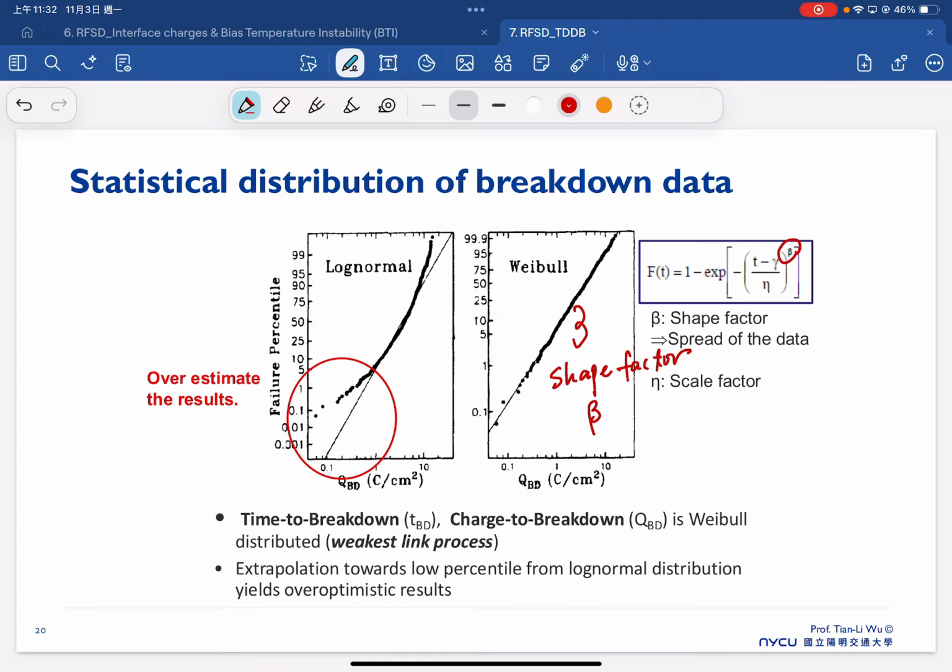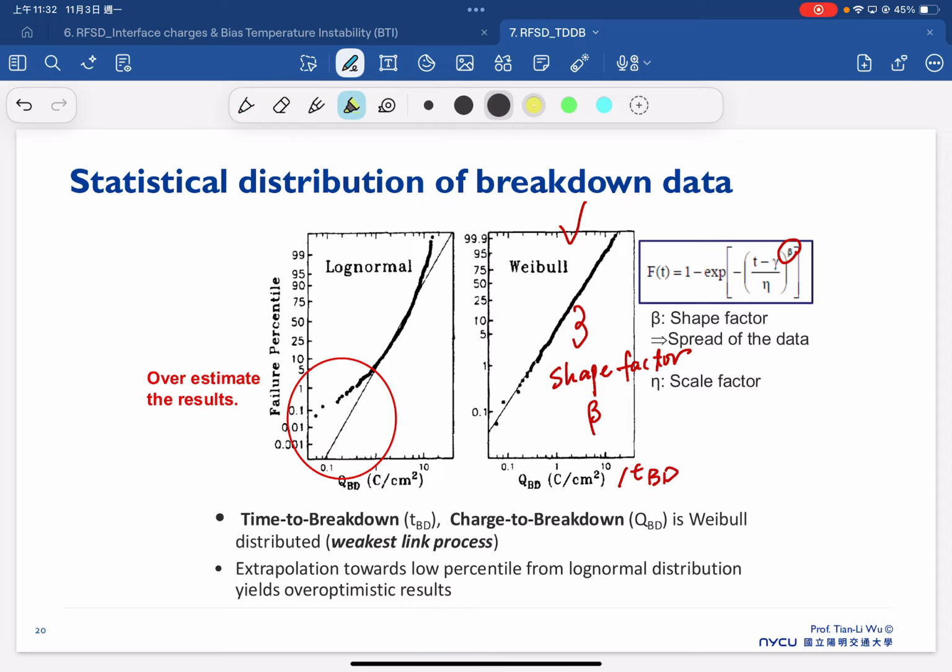So the Weibull fits better with the TDDB, and normally we can fit not only the TBD, time to breakdown, but also in the early time we can fit with the QBD. In this graph it is QBD, but it can be both QBD and PBD as well.